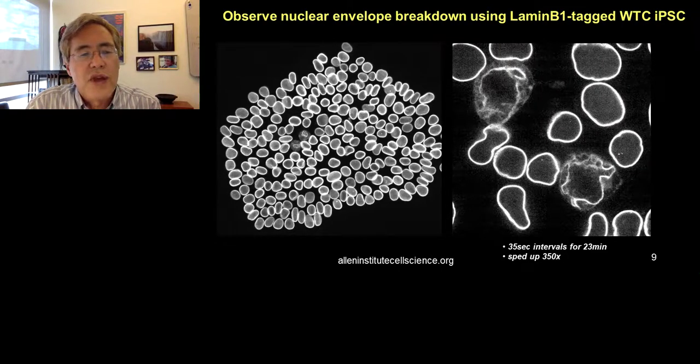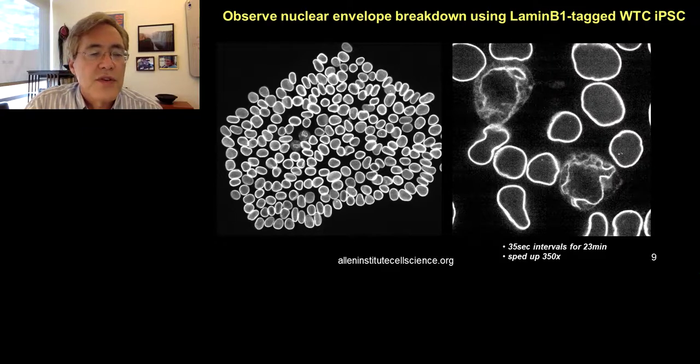And this is very powerful because, no matter what these cells do in terms of differentiation, you can always follow this lamin B staining. And they've marked many other structures, for instance, structures in the cardiac cells and in many other areas of interest to cell biologists. And this is an incredibly useful resource.